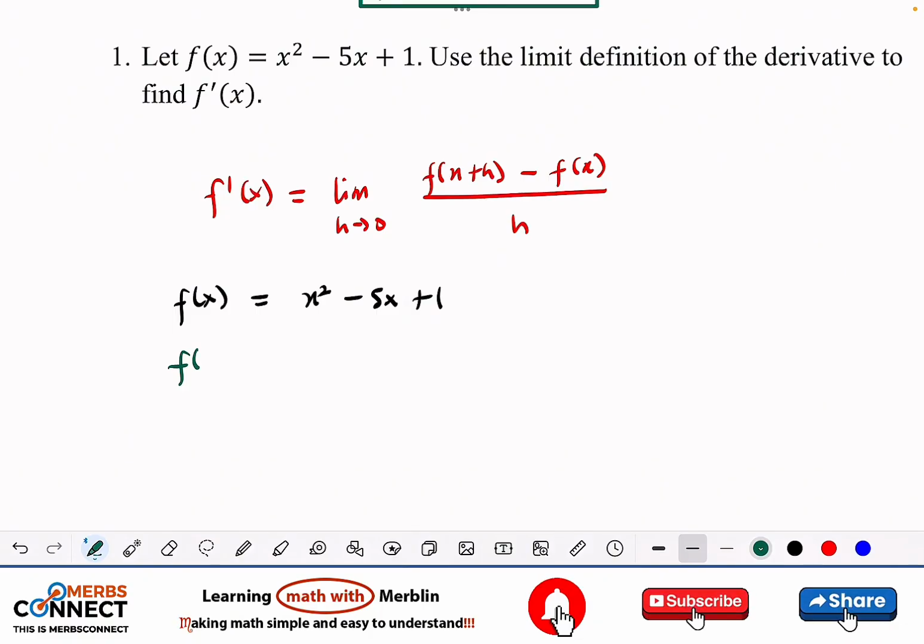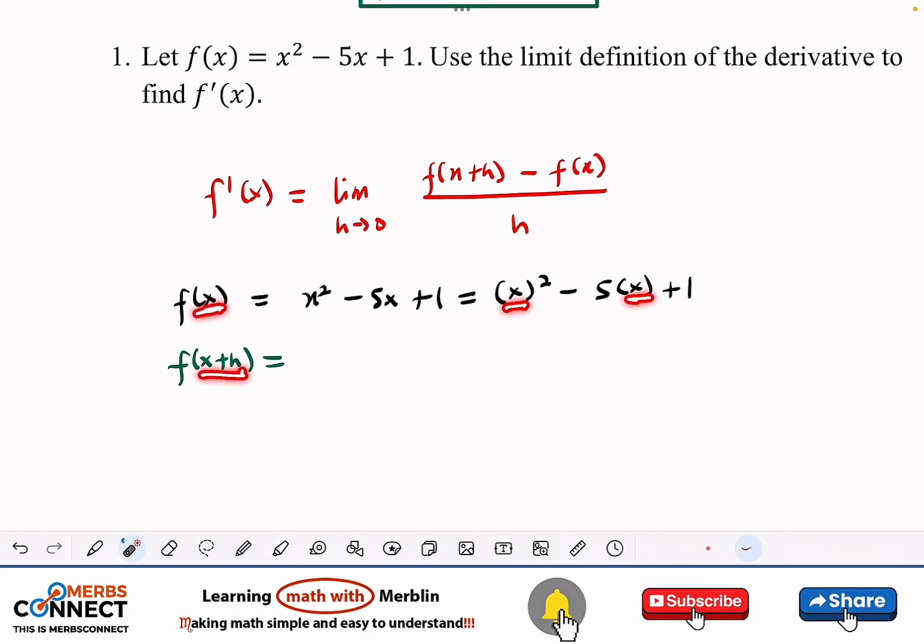So for me to write the f of x plus h, I'll put all the x's in parentheses so that I can see that I have x here in parentheses. If this is no longer x and it is x plus h, then this one will be x plus h, x plus h.